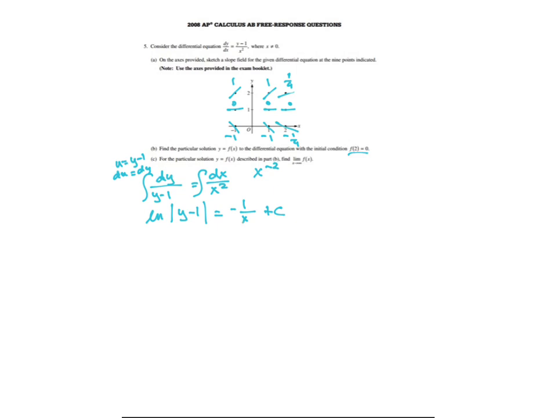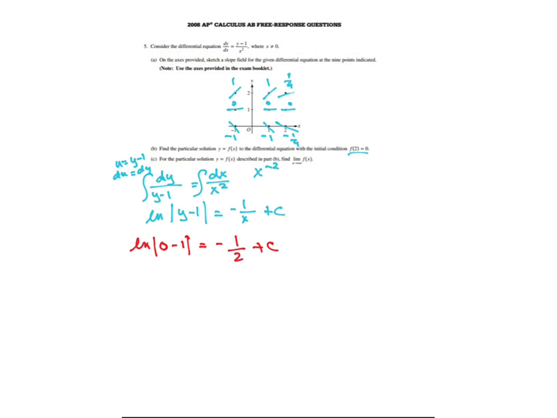And at this point right here, plug in. So we have the natural log of the absolute value of 0 minus 1. Guys, throw those absolute value bars in. You're going to think those are not important, but right here it's going to make all the difference. Because if I don't have them, I'm undefined.